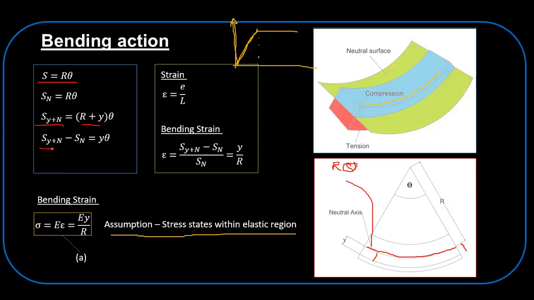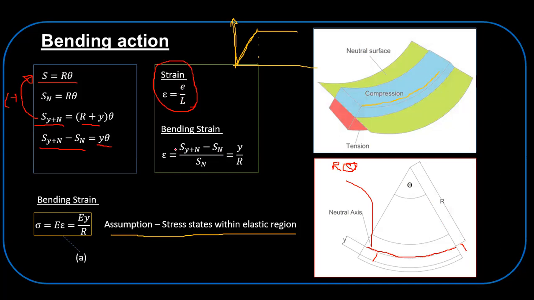So the change in length, you can get by subtracting these two equations: S at y minus S at the neutral surface equals y theta. From your fundamentals, you know the strain is the change in length compared to its original length.